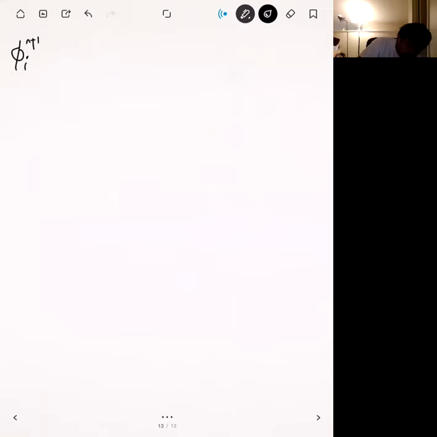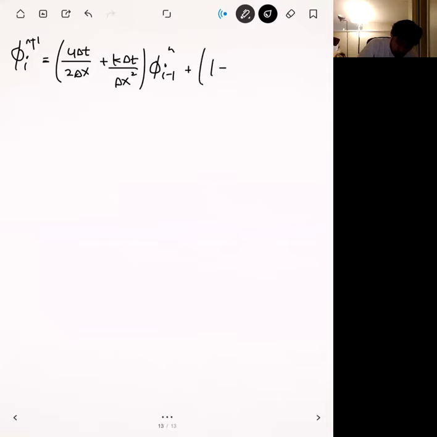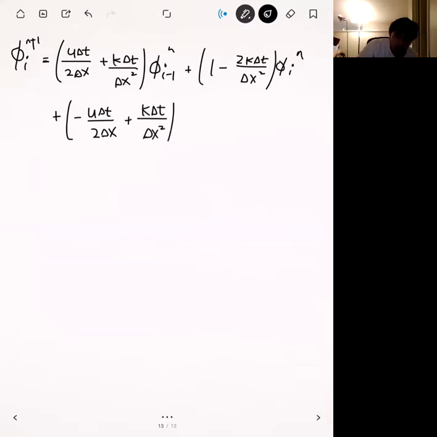And so we have phi i at n plus 1 is equal to u delta t divided by 2 delta x plus k delta t divided by delta x squared, times phi i minus 1 to the n, plus 1 minus 2k delta t over delta x squared, times phi i to the n, plus minus u delta t divided by 2 delta x plus k delta t divided by delta x squared, times phi i plus 1 to the n, plus q i.